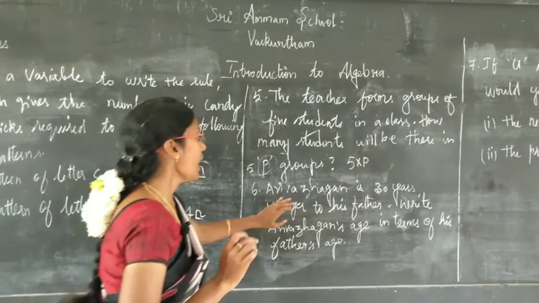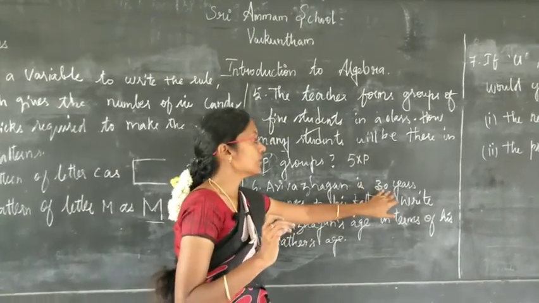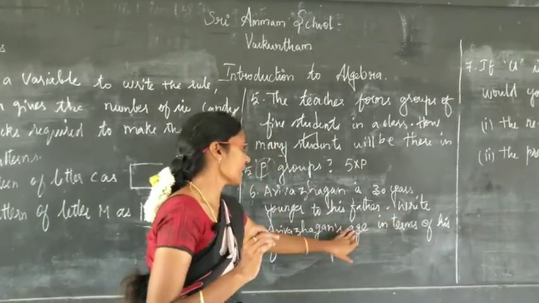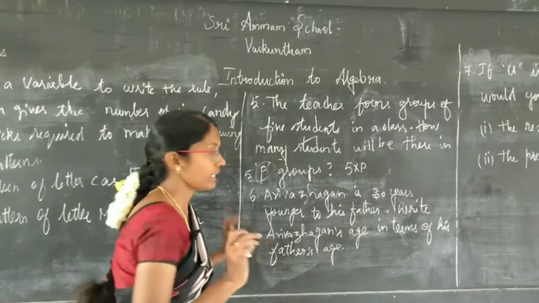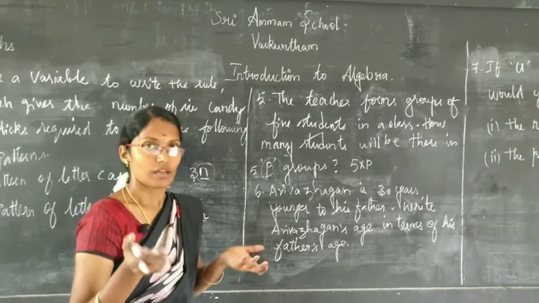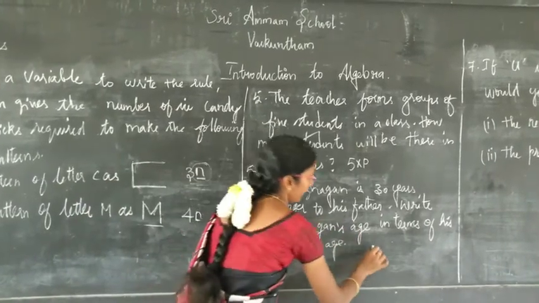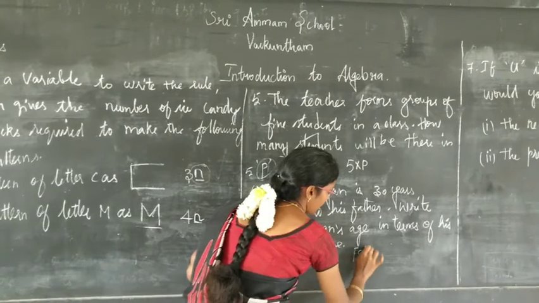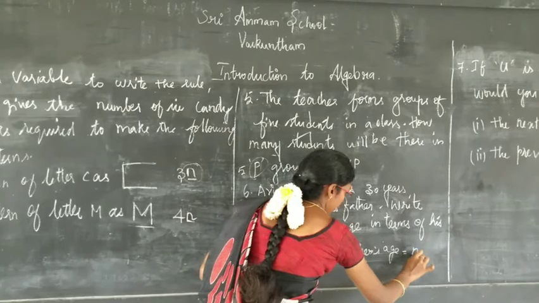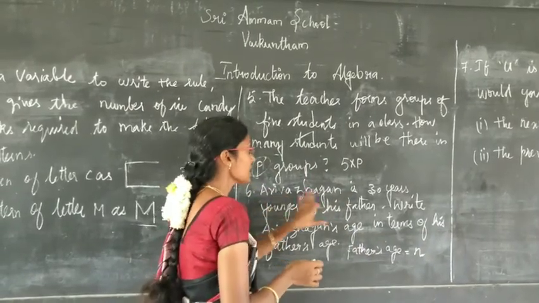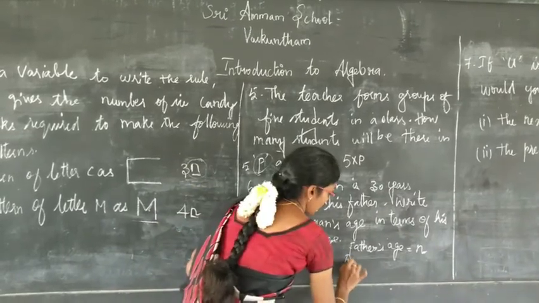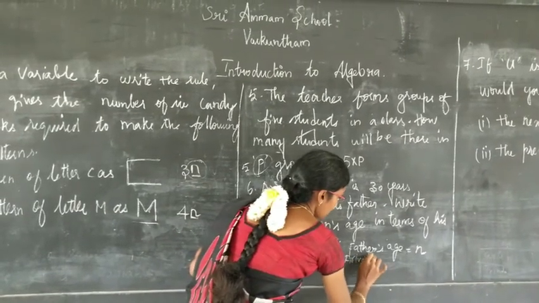Okay. Next, Arivalagan's age is 30 years younger than his father. So write Arivalagan's age in terms of his father's age. See here, the unknown age will be taken as N or X, like that. So here you can take the father's age as n. Arivalagan is 30 years younger than his father.